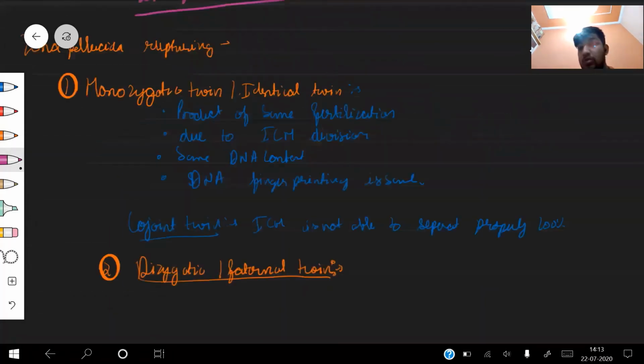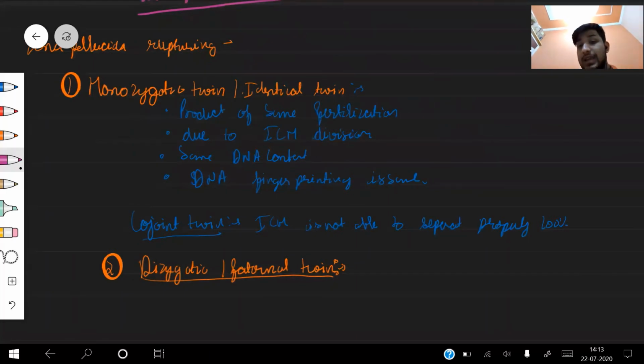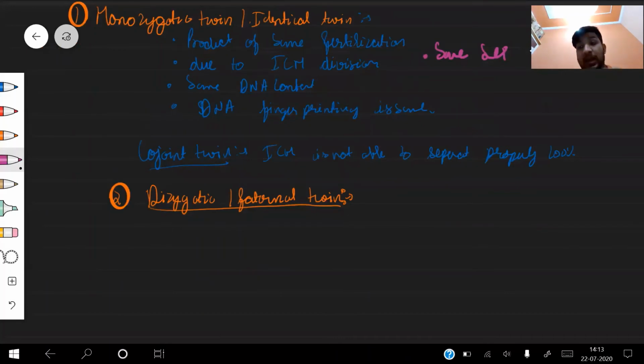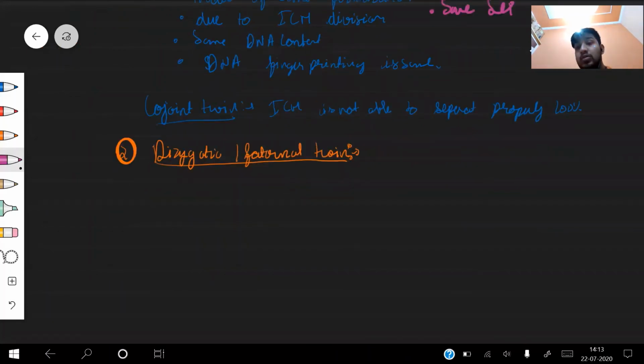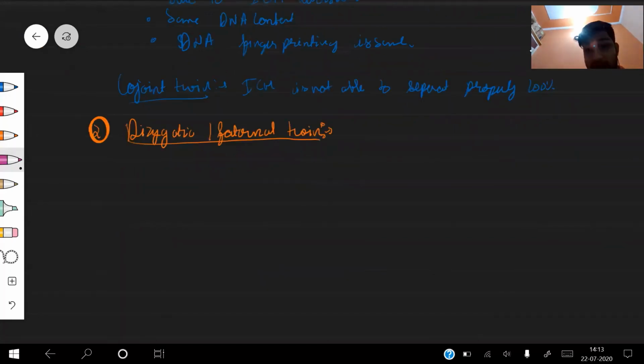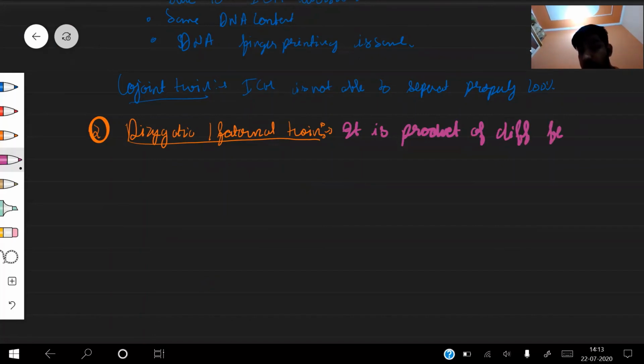The twins can be of the same sex or of different sex. Their DNA fingerprinting is different. It is the product of different fertilizations, but at the same time.